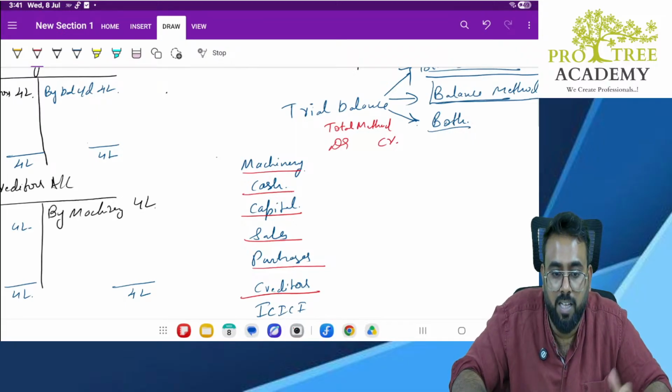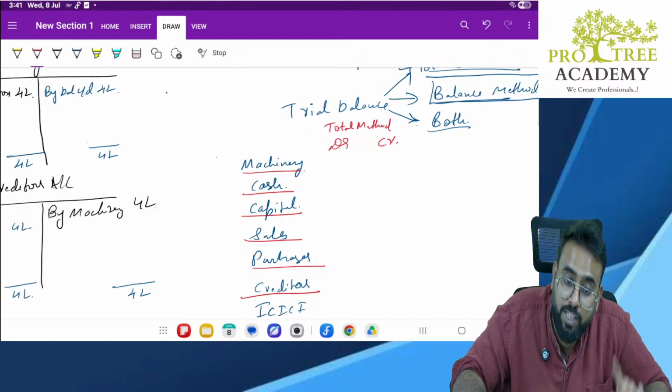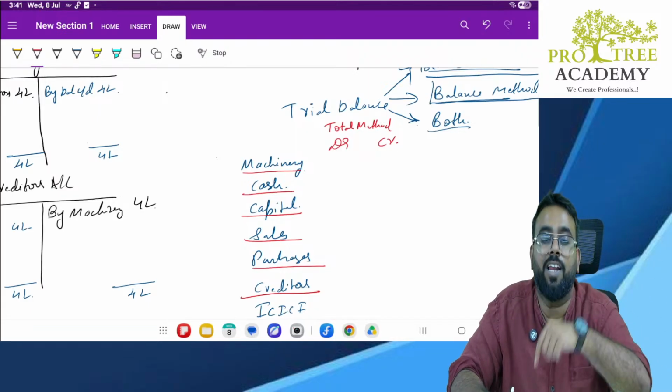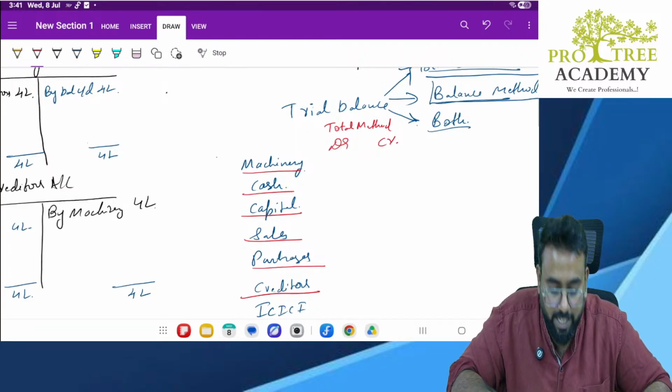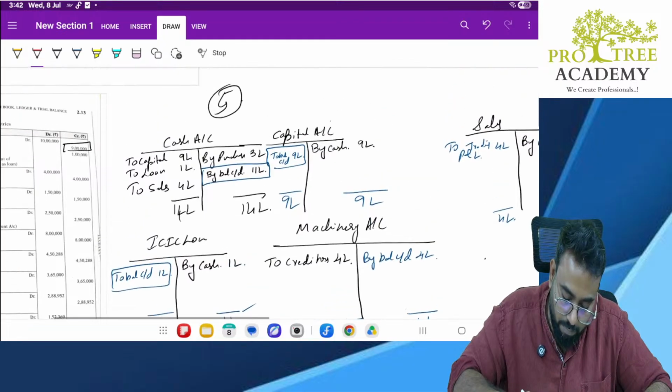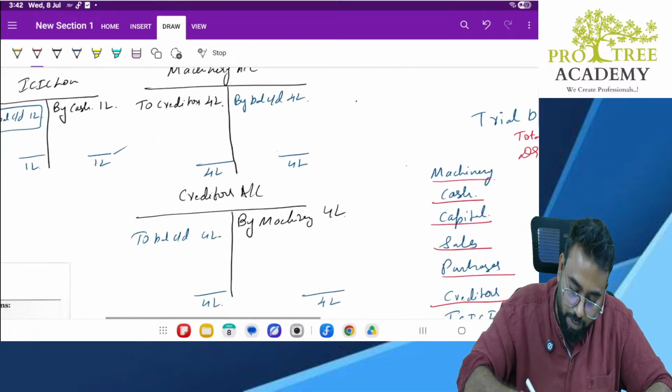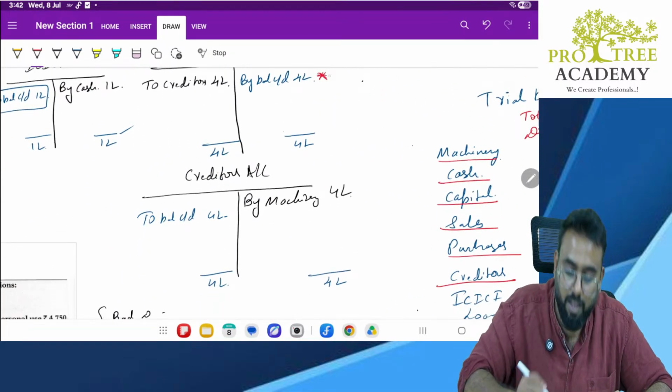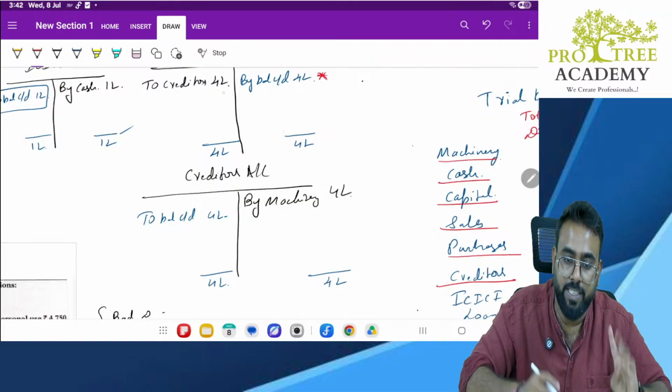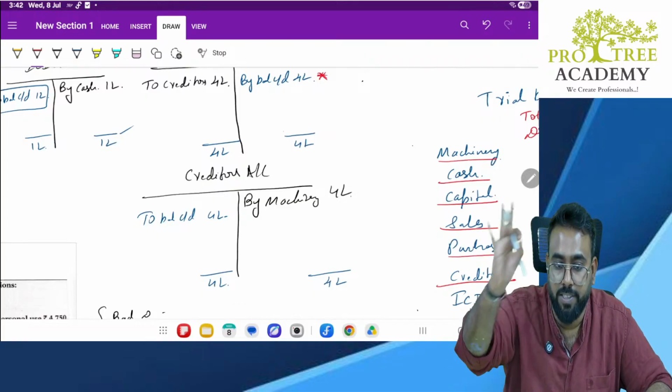Now you will say, sir, both will be same, no sir? No, no sir. Without the balancing figure, what was the total? You write down that. Understanding? So, in case of our machinery, without this figure, what is the total? Debit side 4 lakh, credit side 0.